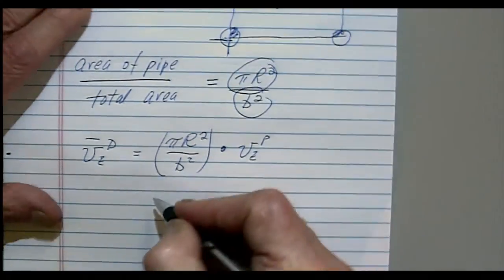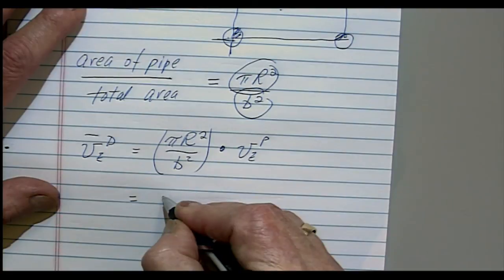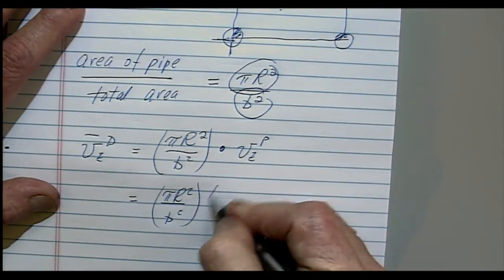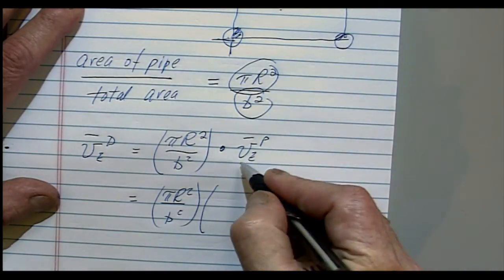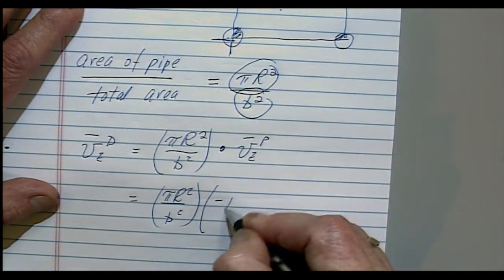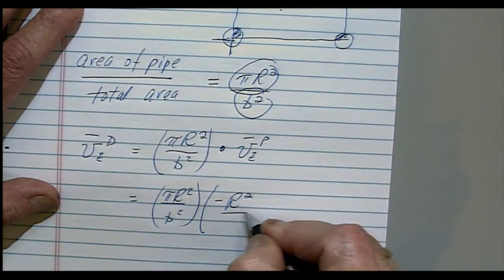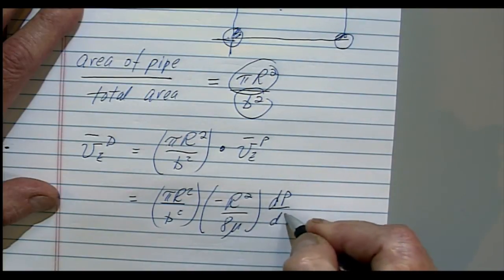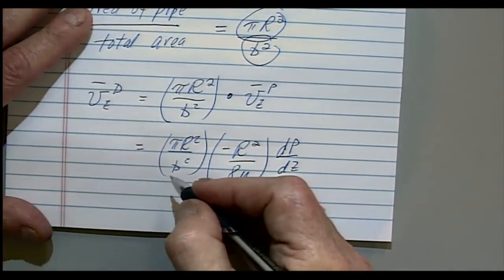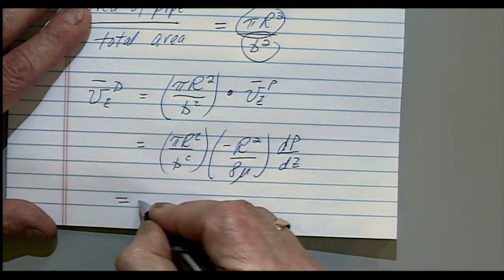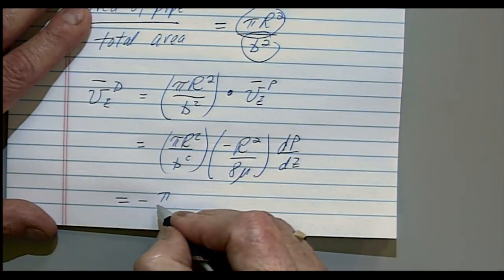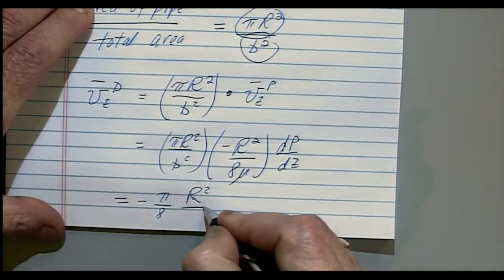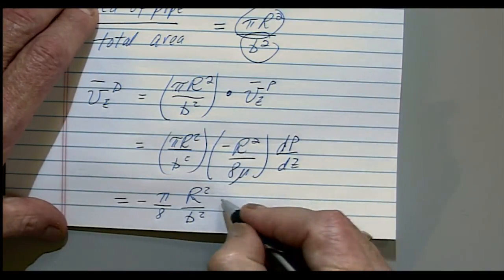That's equal to pi r squared over b squared times the mean pipe velocity, which, if you look back in your notes, was r squared divided by 8 times the viscosity of the fluid times the pressure gradient. And if I put all that together, I end up with minus pi over 8 times r squared, the radius of the pipe, over b squared, the size of the unit cell, times the pressure gradient.